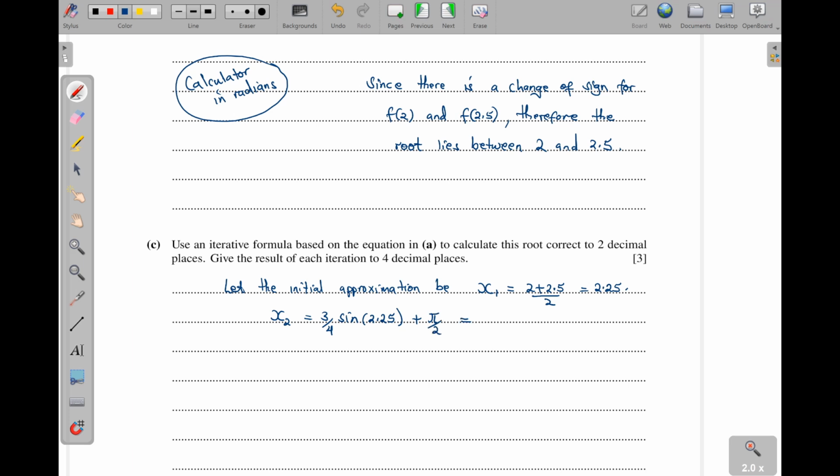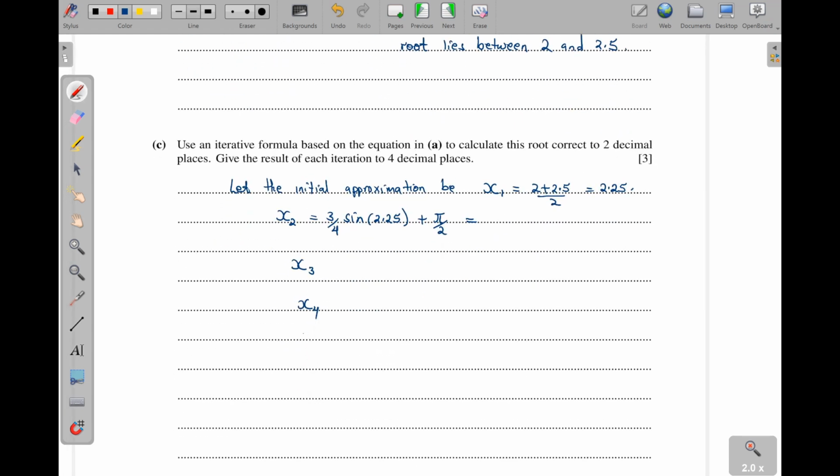What do you get here? After showing the examiner that you have substituted in the first one, you don't need to show the next substitutions, writing all of this. You are wasting time. All that you do right now is x3, x4, maybe x5, maybe x6 or x7. I've just written this.